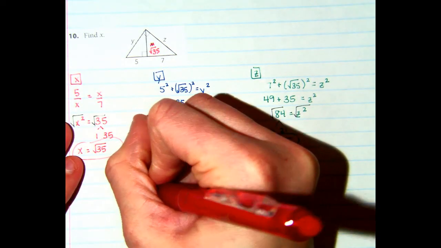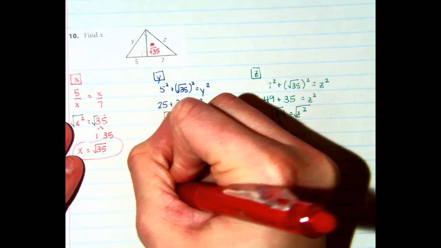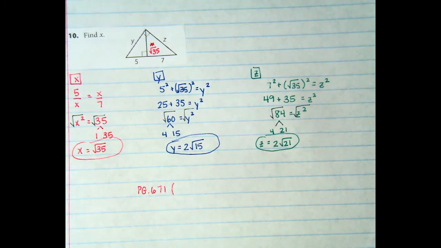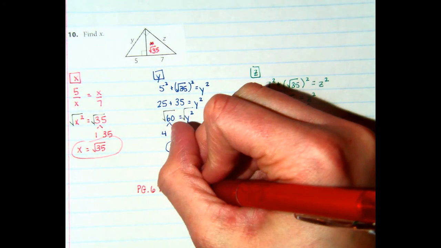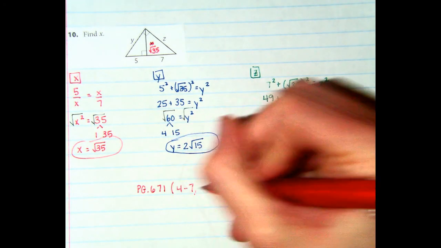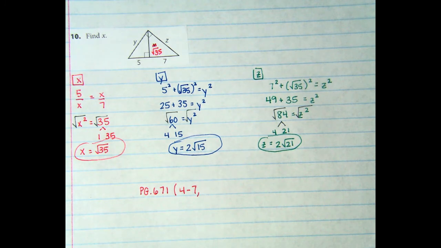Page 671. Four through 7. 11 through 18.